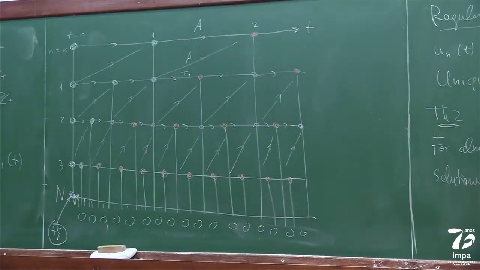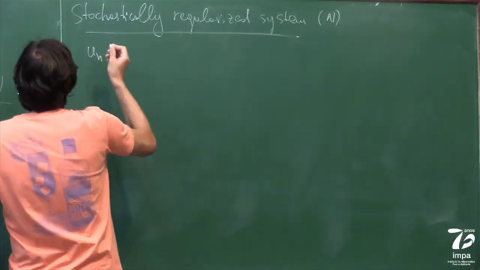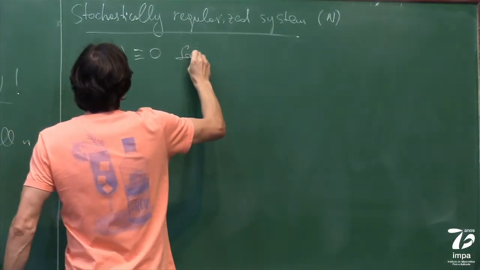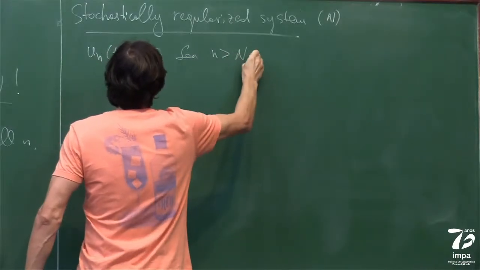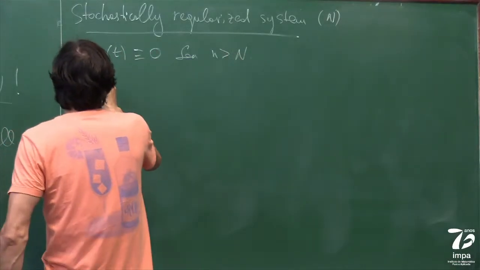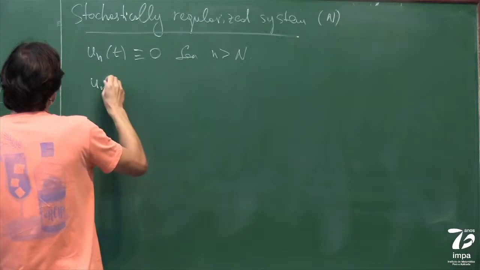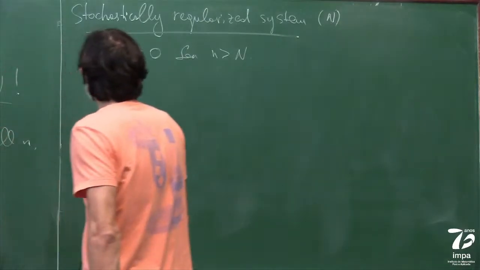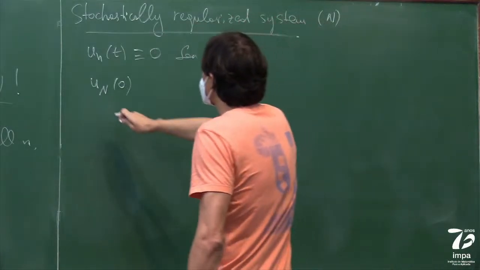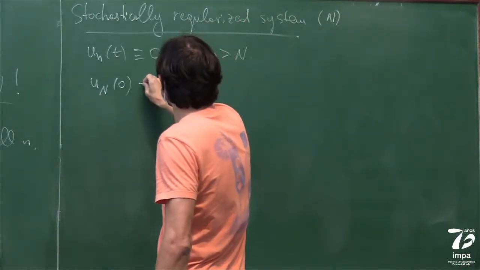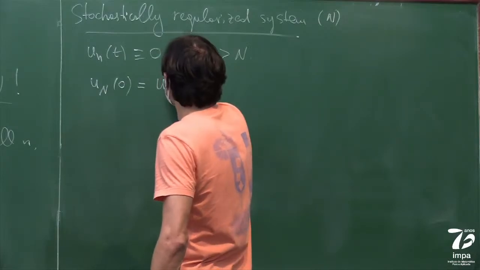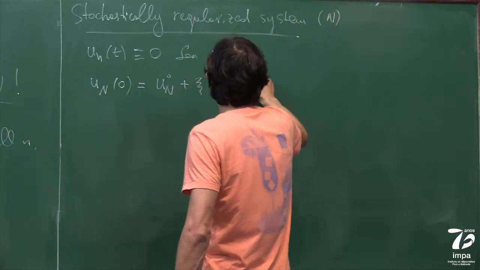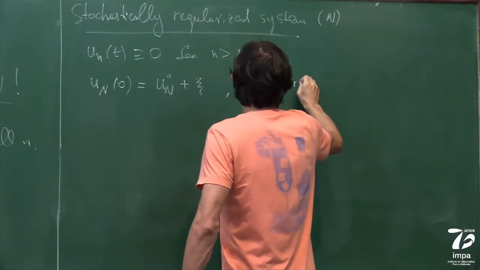So we first use this condition. It's still 0 for n bigger than N, and we take the initial value at the cutoff scale as the value which is given plus a random number.